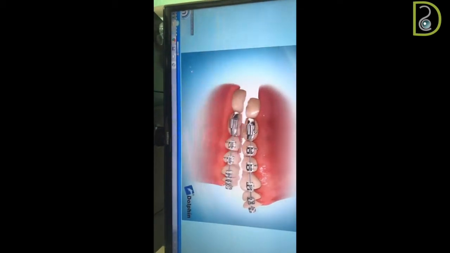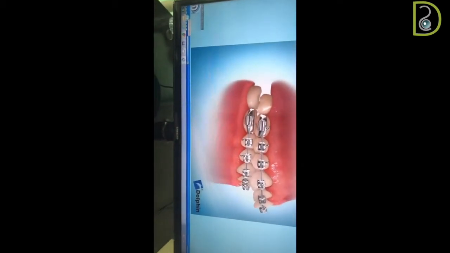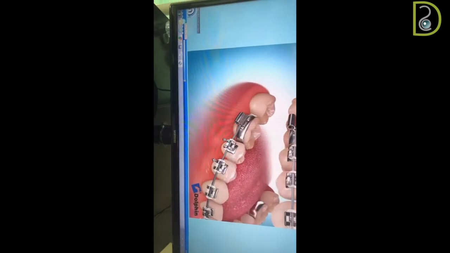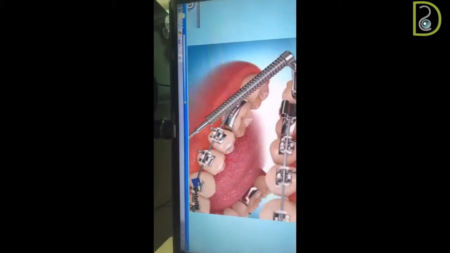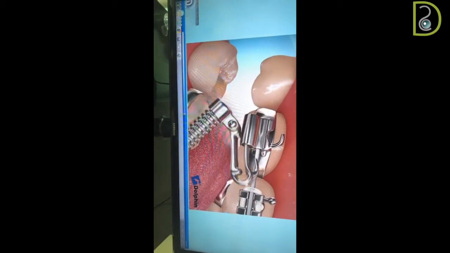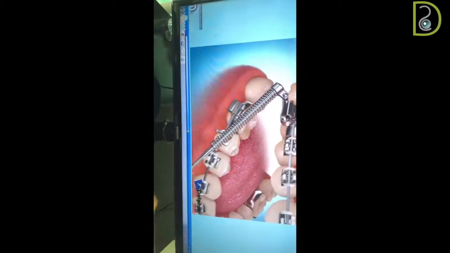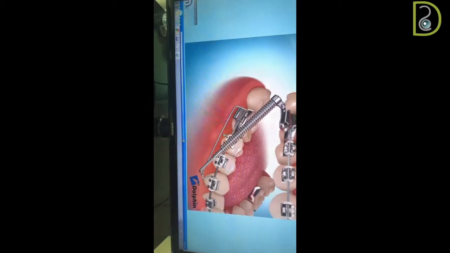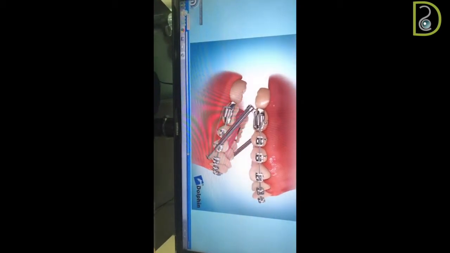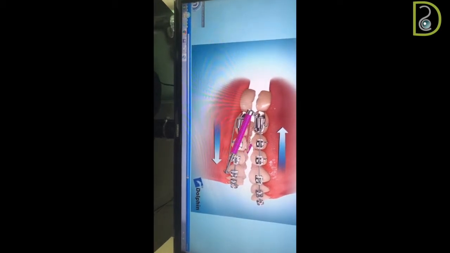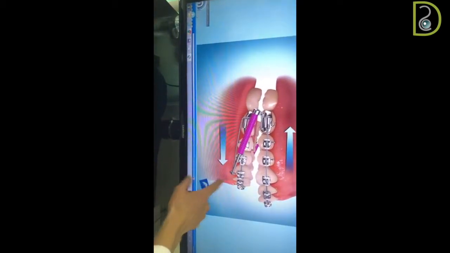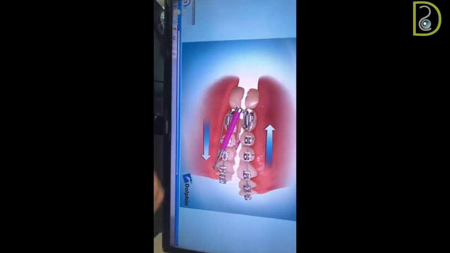We have another appliance. We have many appliances for class 2 correction. This one I also use with braces. After I put the braces on and I reach a heavy wire, this wire has to be heavy to hold the forces appliance. And you see the effect here. As the patient closes, this is exactly what I'm talking about. The mandible goes forward, the maxilla goes backward. Okay.